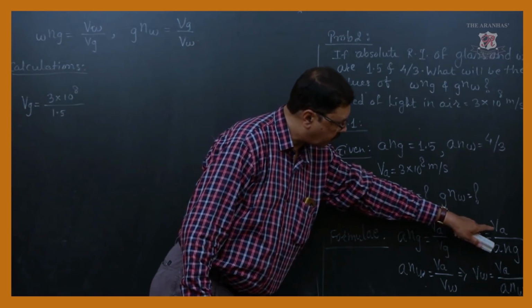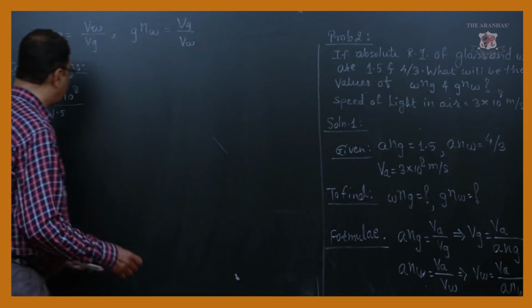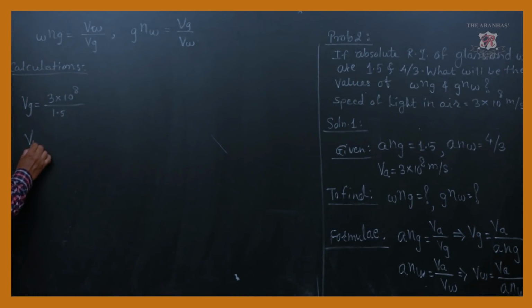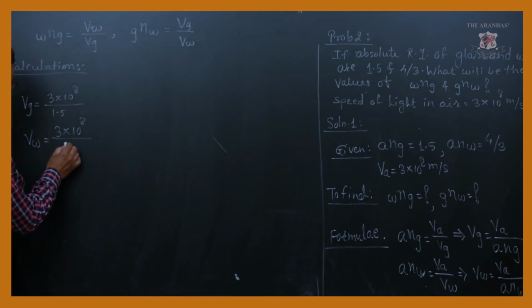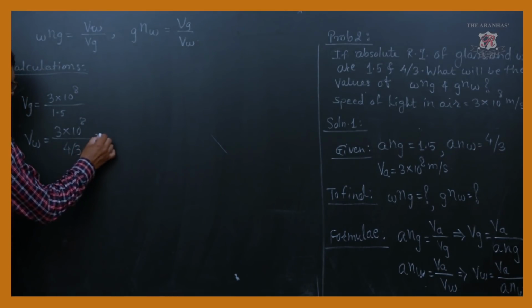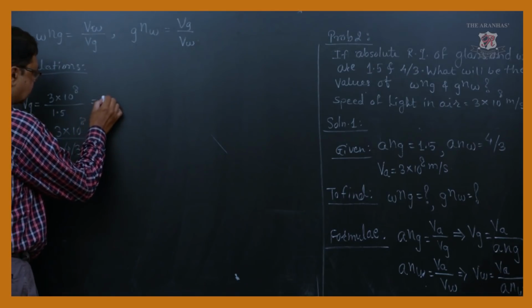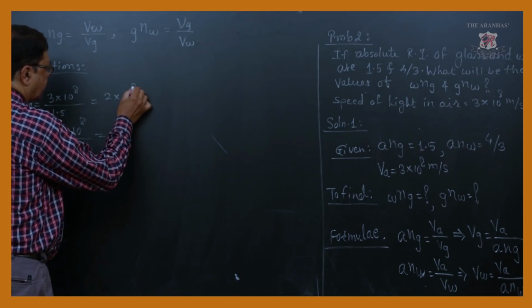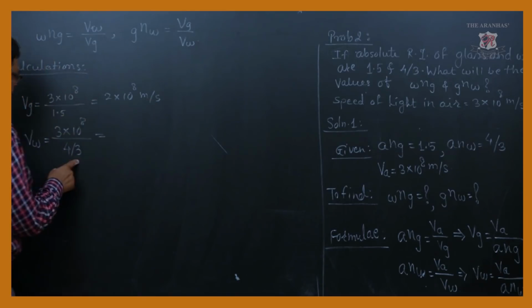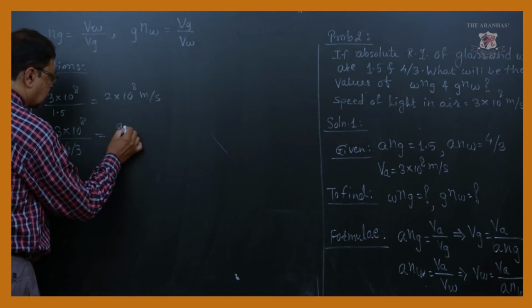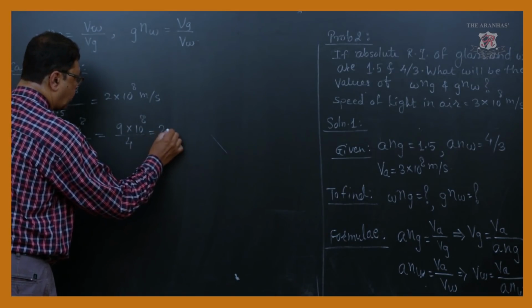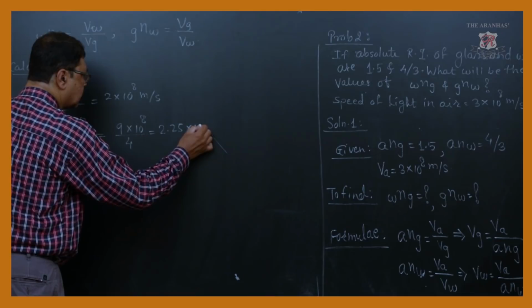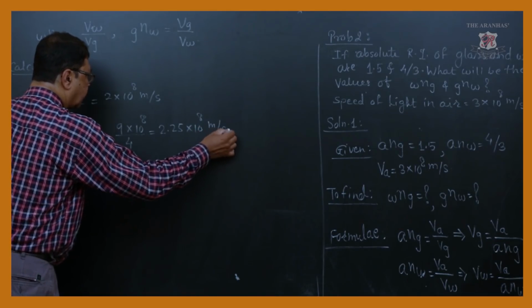I have substituted the values of Va and a_n_g. Vw equal to 3 into 10 raised to 8 upon, what is the value given? 4/3. So this I will write as answers here because they are direct. Here 3 goes up, so it is 9 into 10 raised to 8 upon 4, that is 2.25 into 10 raised to 8 meter per second.